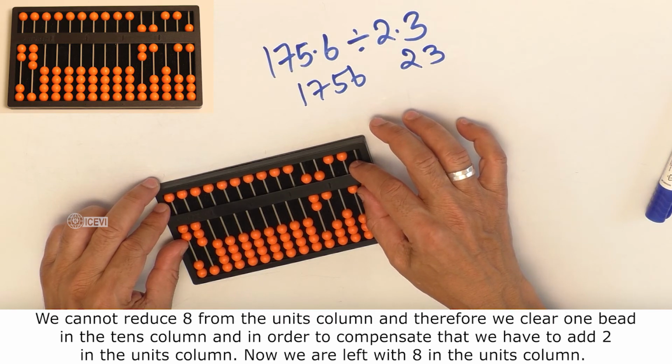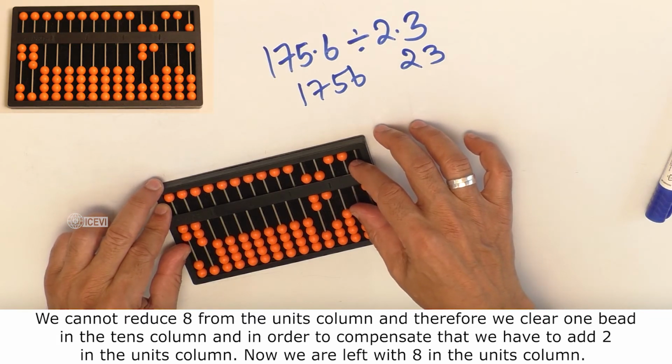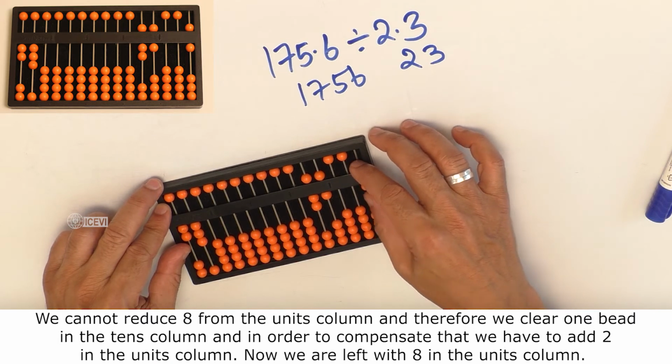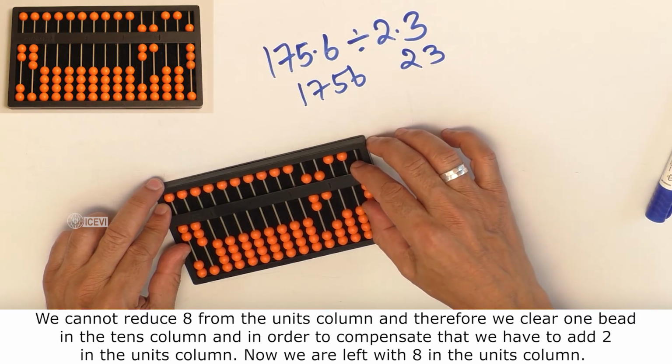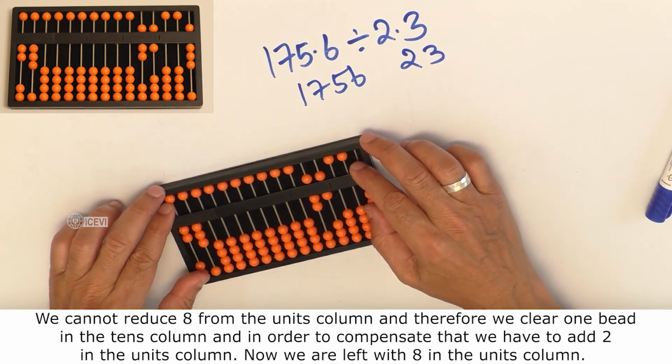We cannot reduce 8 from the units column, and therefore we clear one bead in the tens column, and in order to compensate that, we have to add 2 in the units column. Now we are left with 8 in the units column.